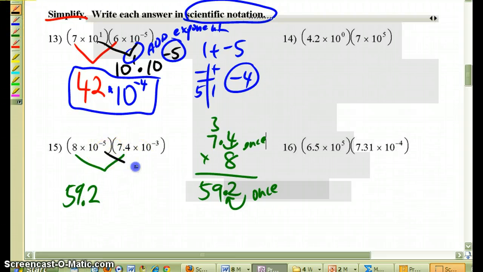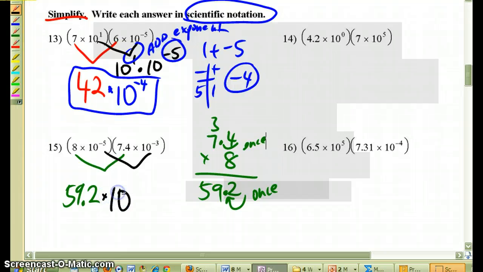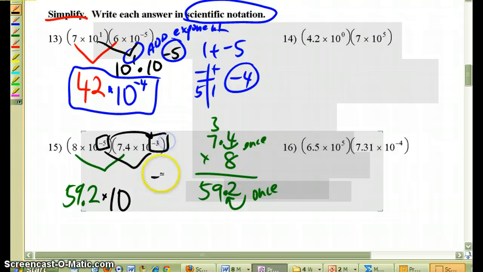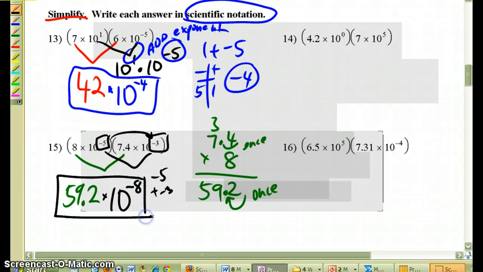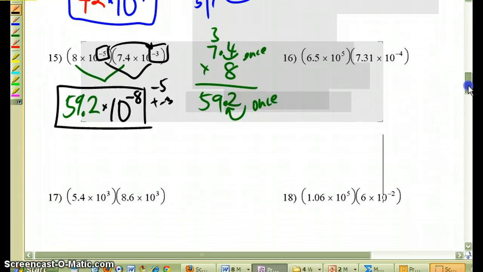Then I'm going to multiply the powers of 10. And if I multiply powers, I'm going to add the exponents. So negative 5 plus negative 3 is going to give me negative 8. So there's my answer there. It's not final yet, but we're going to talk about that more tomorrow.